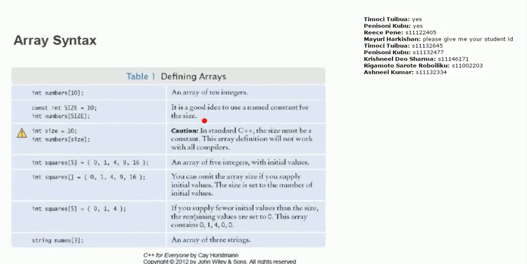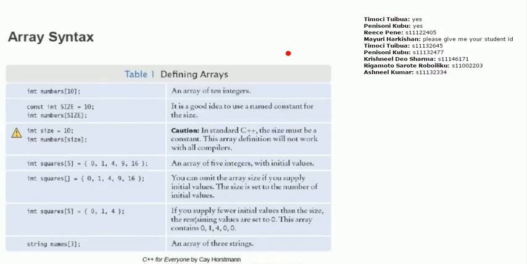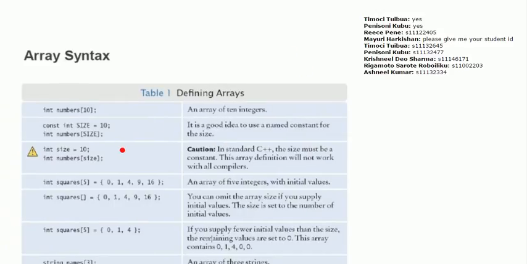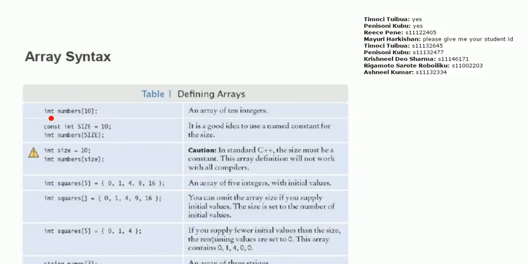How does this look like? So defining an array. Just like we've said, int number 10. This is an array of 10 integers. Const int size 10, and then int number size. It's better to have a constant written here instead of just a number, but you can have a number.